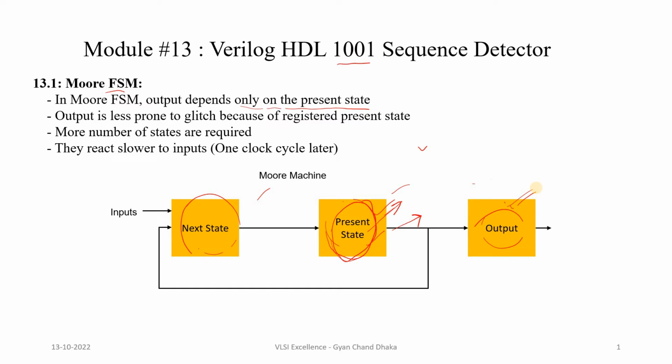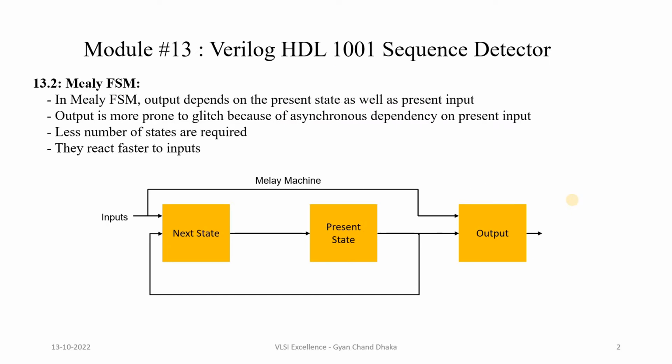The number of states required to code a Moore FSM is going to be more than a Mealy FSM, and we are going to see this by using the 1001 sequence detector in this module. Moore type of FSMs basically react slower to the inputs, because here the output is not directly depending on the inputs. In the Mealy FSM, the output depends on the present state as well as the inputs.